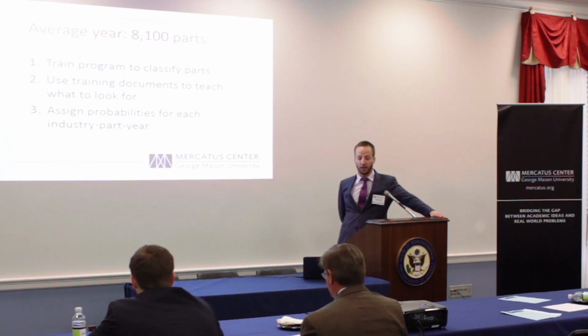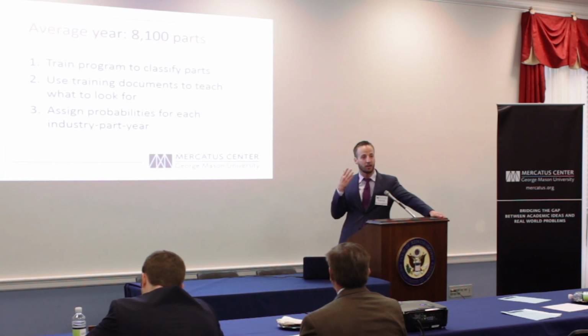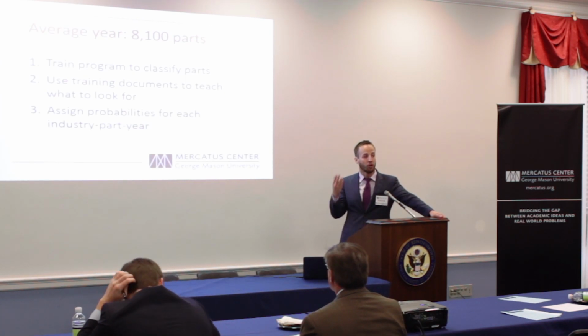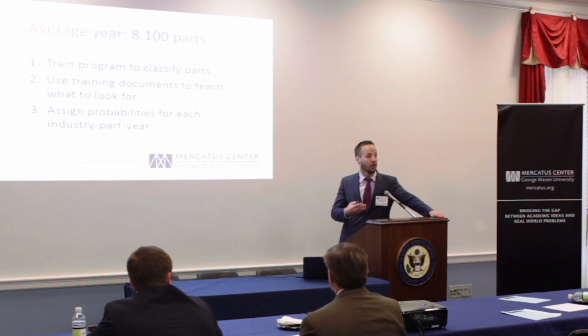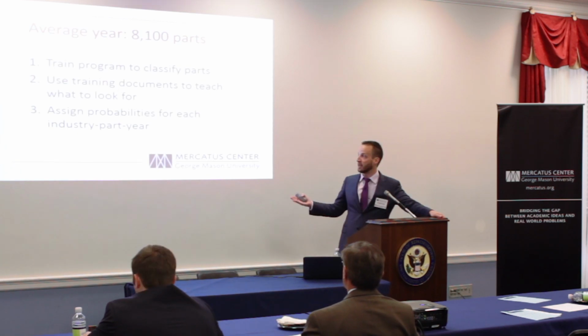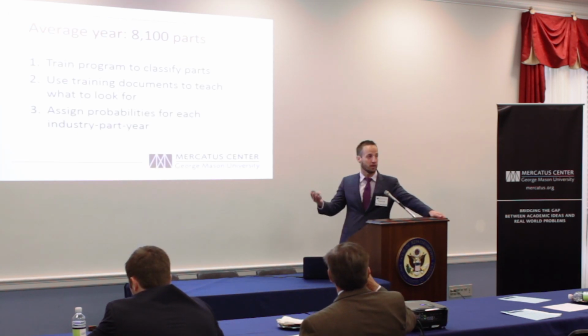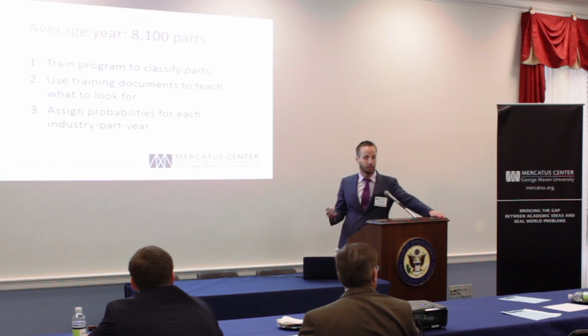And then finally, once we've done the analysis, then we can create a set of probabilities. And again, think back to the search term thing. If we find more search terms in a regulation, it's more probable that that regulation is about the subject that the search terms were created about. Same sort of thing here. We can assign probabilities for every CFR part for every year, for every industry.